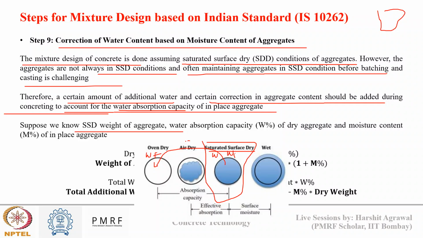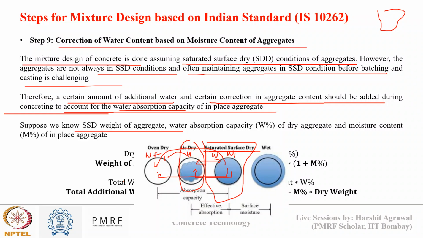And from in place aggregate, if I do oven drying, then I will know the moisture content that is there in my aggregate. So the extra water, the difference between these two, is what I need to add in concrete. Accordingly I need to do the correction in the aggregate weight also, so that I can convert SSD into in situ, what is actually there.